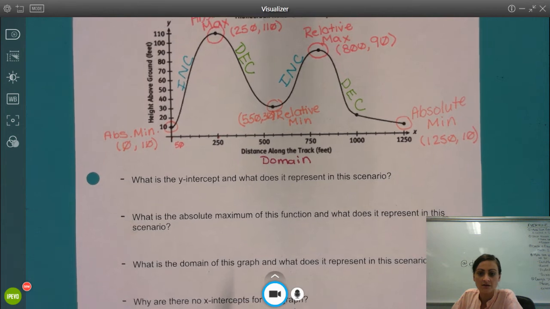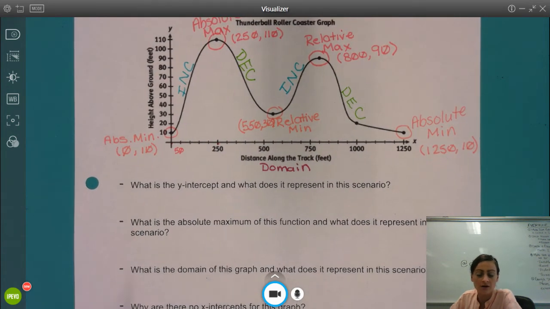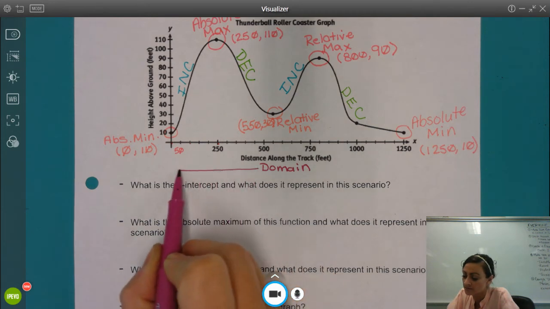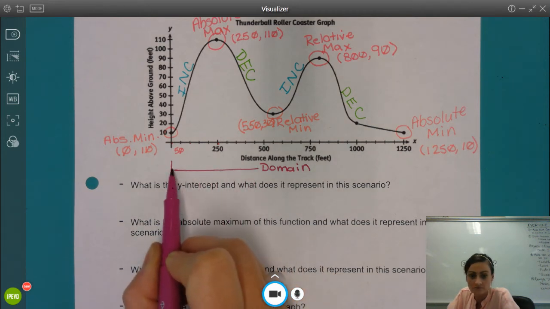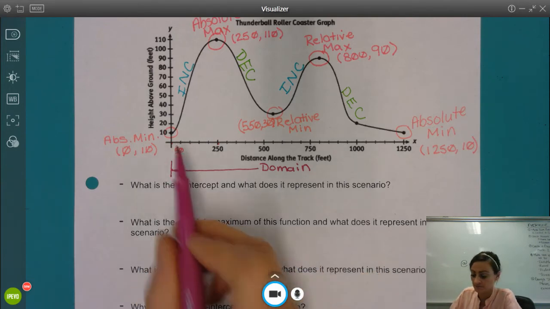So if I want to look at our domain, I want to go all the way to the left, to the farthest spot where my graph is living. And since this is a continuous graph, I'm going to go to the starting point, which happens at 0.